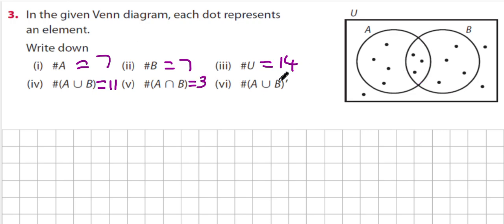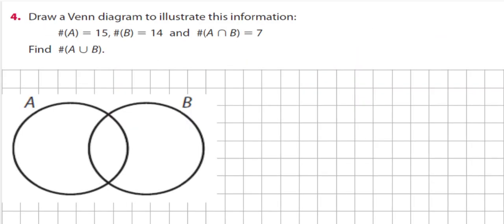Now, A union B complement is everything that's not in the two circles. Everything that's outside of that. How many? 3. Where'd you start? You start in the middle, yeah. What about here? Because 8 plus 7 is 15.